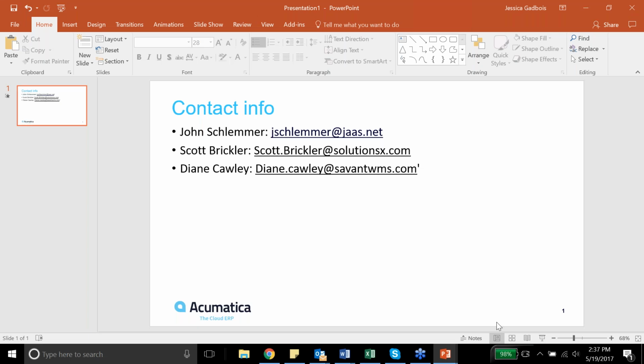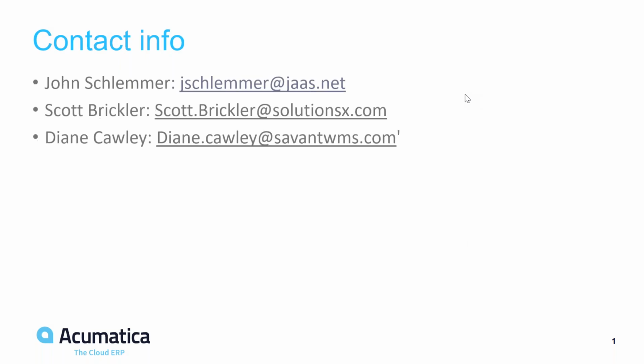It will do UPS, FedEx, U.S. Postal Service, and it will also do LTL, bills of lading, things like that. So you could just keep it all within the same set of software and use the Savant side of it. The tracking numbers, as they're generated, will print the labels, do all the communications to the carrier, and then send that back as part of the shipment record so that you'll have that on the Acumatica side for customer service to look at.